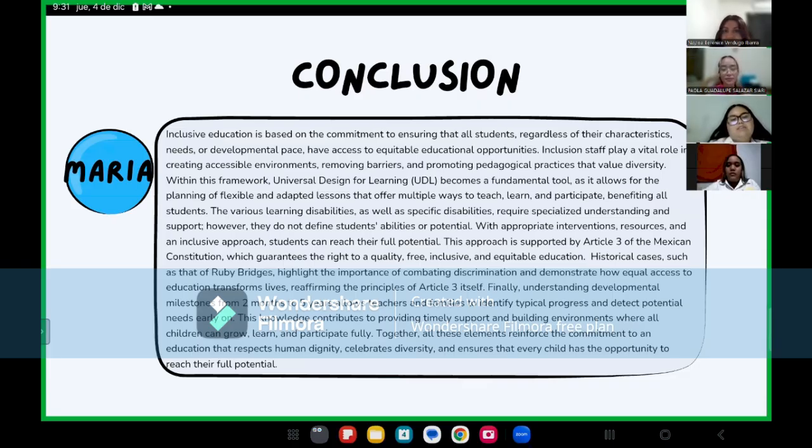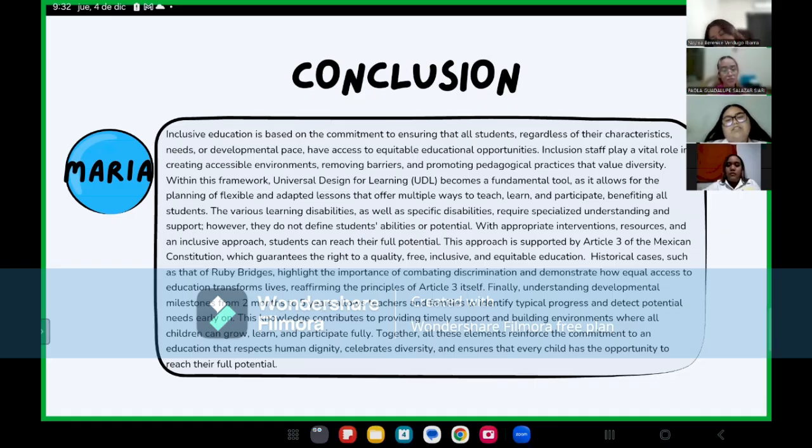However, they do not define students' abilities or potential. With appropriate interventions, resources, and an inclusive approach, students can reach their full potential.